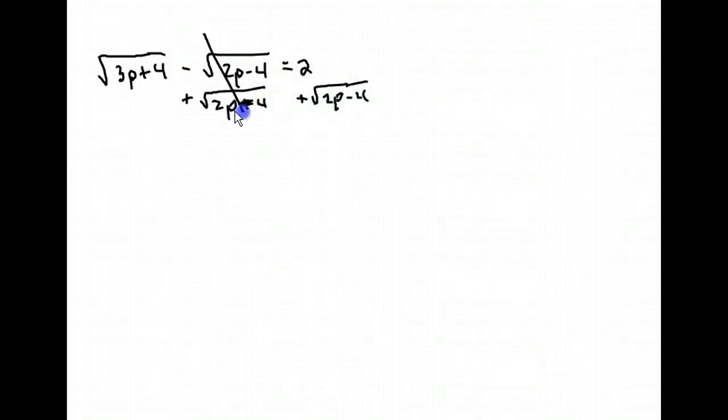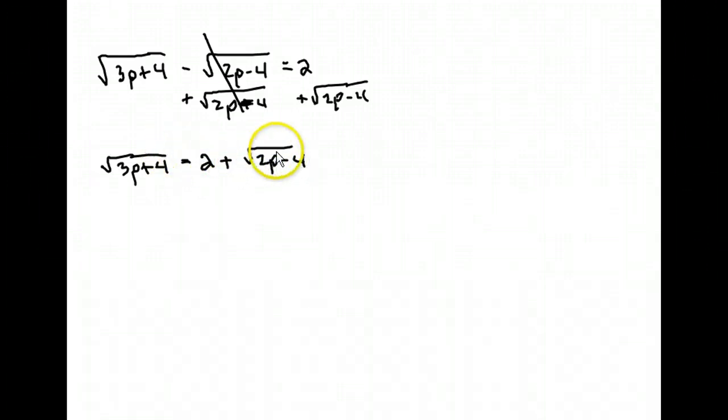So that would get rid of it over here, and you'll have the square root of 3p plus 4 equal to 2 plus the square root of 2p minus 4. So to solve it, you would square both sides of the equal sign.